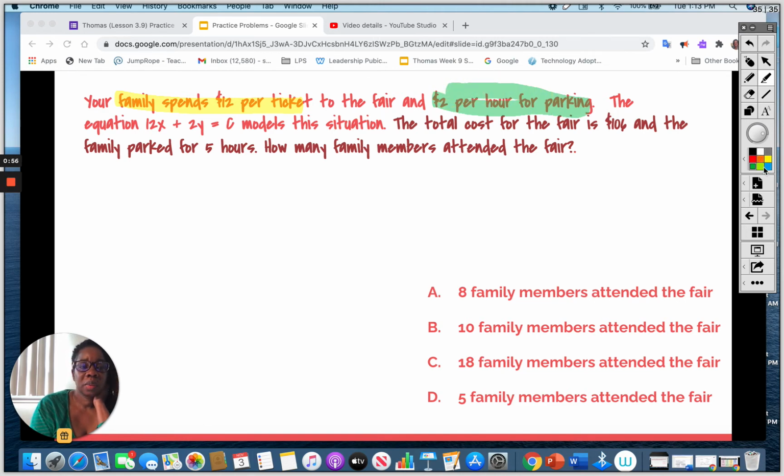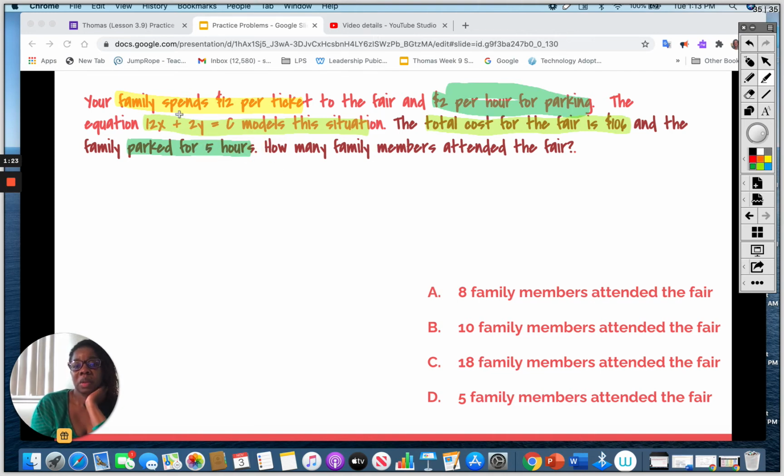Importantly, we have the equation that models the situation right here. And then they also paid a total cost of $106. The family had parked for 5 hours.